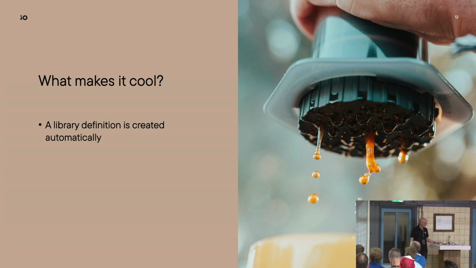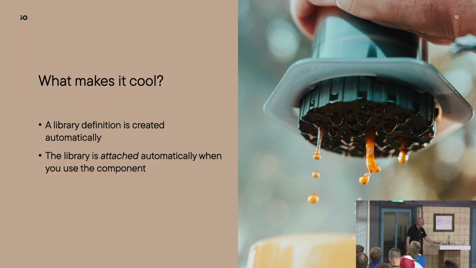The good part of that is that in single directory components you don't need to really worry about that, because the library definition is created automatically. And whenever you use the component, it's also attached automatically.